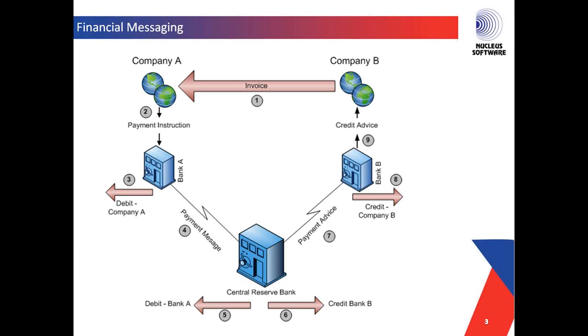In turn, it sends a payment advice to Company B. Again, the mode of transfer could be through any of these standard message formats, about which we will talk a little later in the discussion. Lastly, Company B's bank, which is Bank B, will send a credit advice to Company B, which again will be in one of the electronic formats.